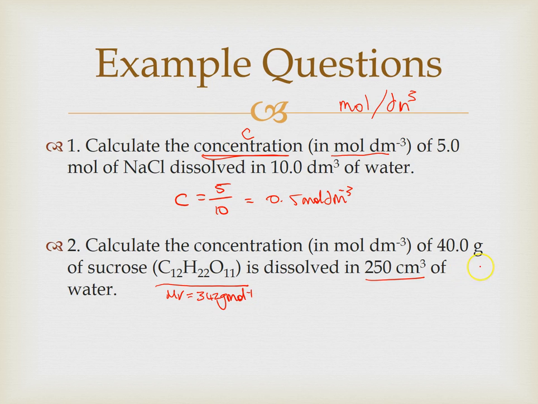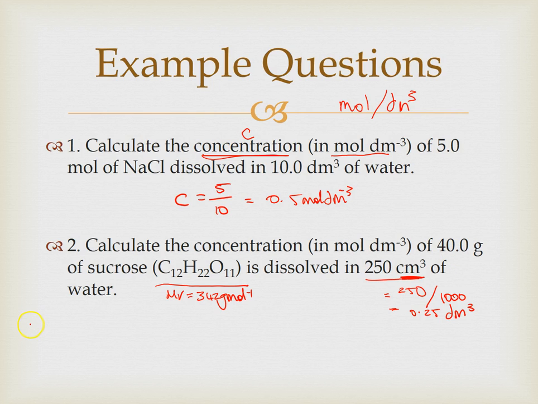250 centimeters cubed, well, it's centimeters cubed, so I need to convert that to decimeters cubed. So this is going to be equal to 250 divided by 1,000 decimeters cubed, which is 0.25 decimeters cubed. Now I have volume where I want it, but I still have a mass and a molar mass.